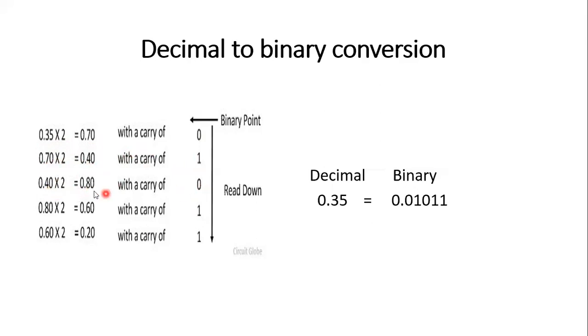Therefore, put 0. Again, 0.80 into 2, 1.60. So 1 is a carry, you put here. Again, this 0.60 into 2, 1.20. So 1 is a carry, you put here, like that. It's going on, so you can stop at one stage. Then you take from top to bottom.